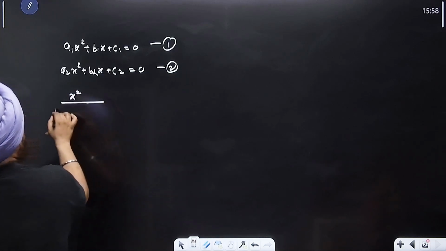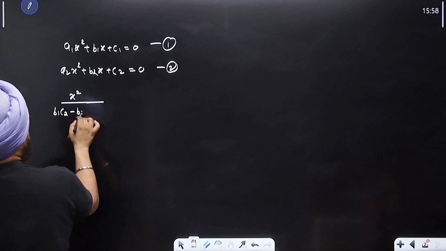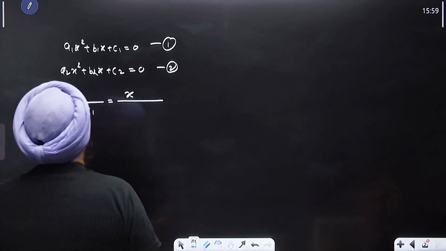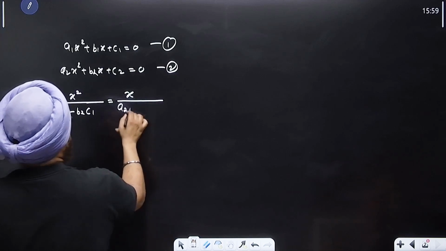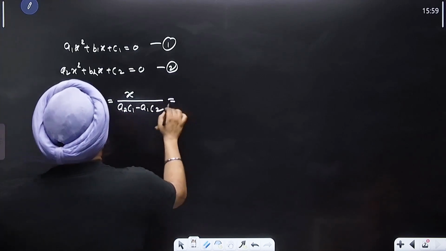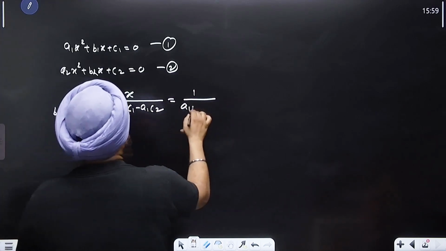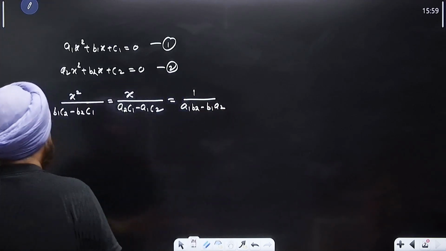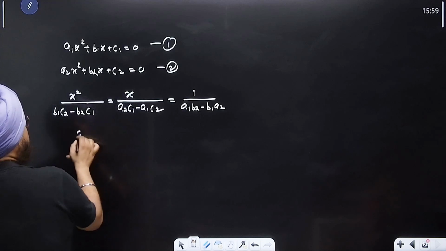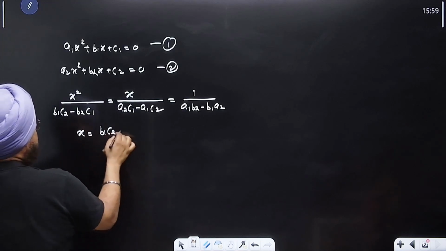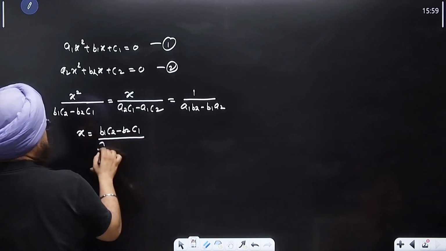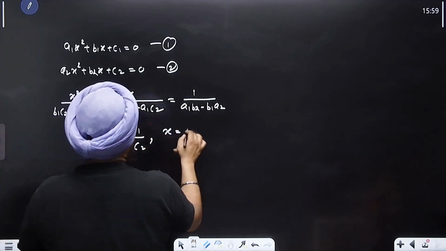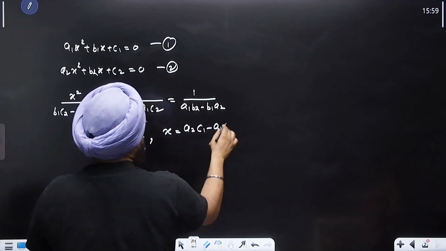x square by, x divided by, and 1 upon, so from these two the value of x is, and from these two equations the value of x is.